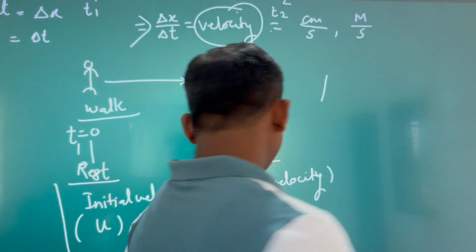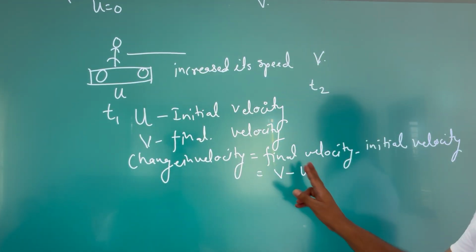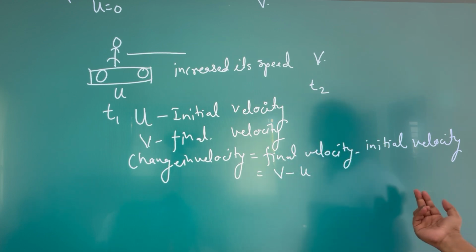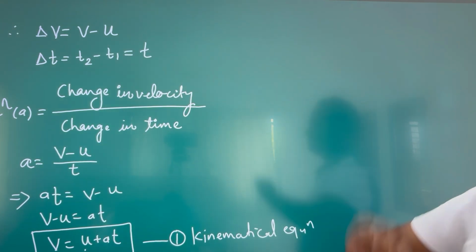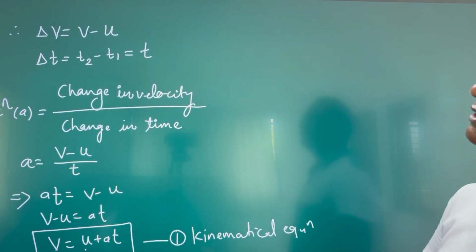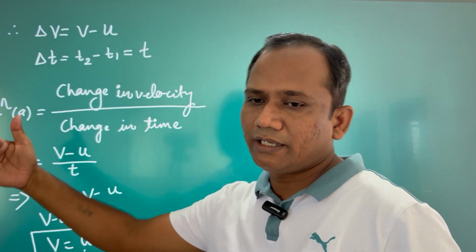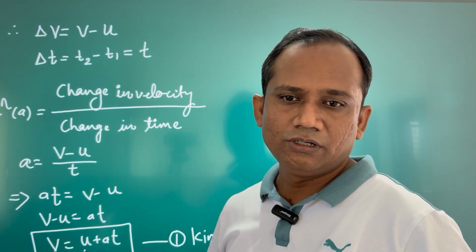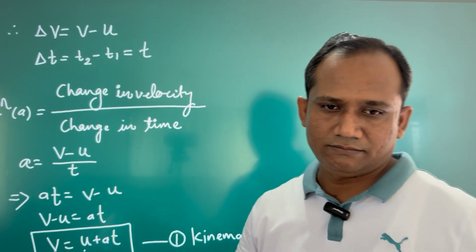Therefore if we take the change of velocity, it means final velocity minus initial velocity, v minus u. In the third slide we took the change in velocity, delta v, and when the person changes velocity from point A to point B, it took a particular time.